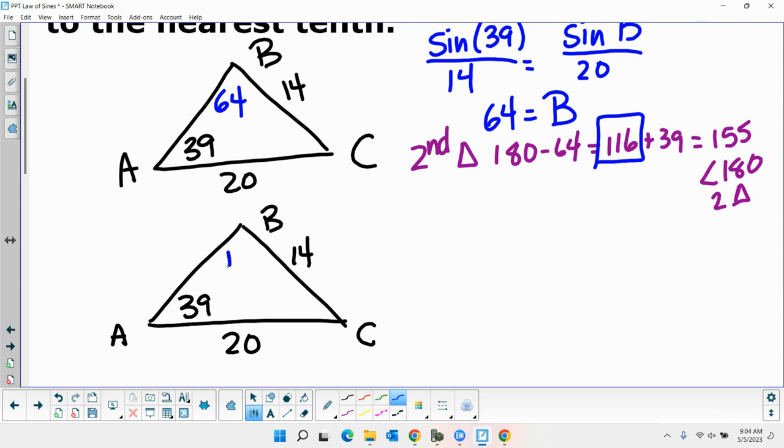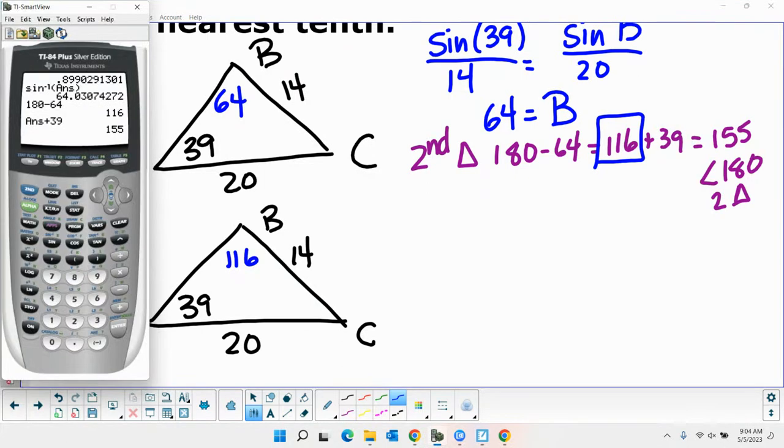So this is 116. All right. What did I already do in my calculator? I already added those, didn't I? So since that 155 is already in my calculator, I'm going to finish the second triangle first. Does that make sense? Save yourself some time instead of starting over. All right?